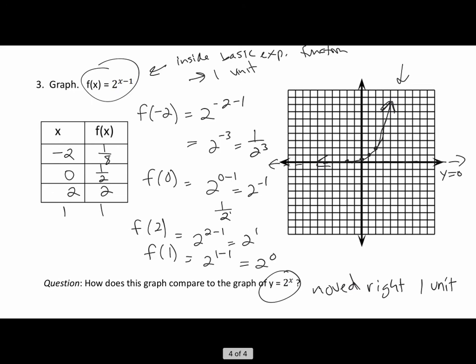Every point. And that's why we no longer go through 0, 1. Instead, we go through 1, 1 because of that shift to the right. So these shifts and reflections that we learned in chapter 8 will also apply to exponential functions as long as we know what those basic graphs look like.